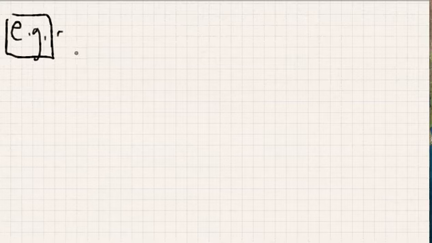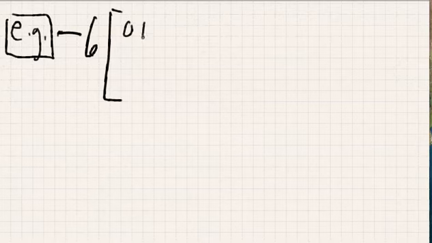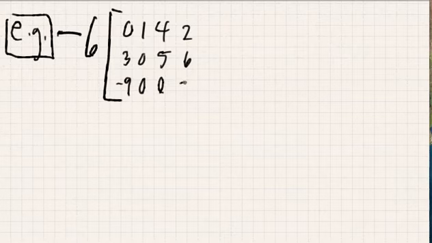I'm trying to think if there's really a lot more to say about this. Why don't we just do one more example just for kicks? Let's evaluate -6 times the matrix 0, 1, 4, 2, 3, 0, 5, 6, -9, 0, 0, 2.